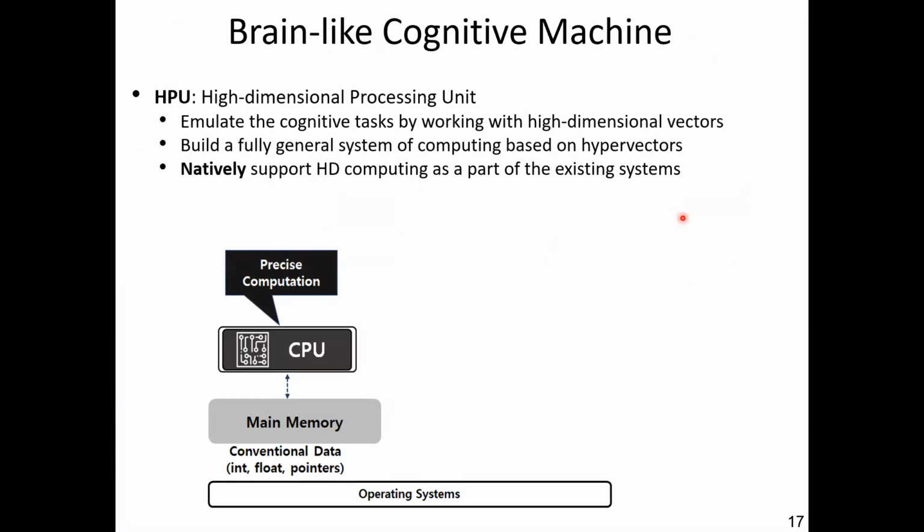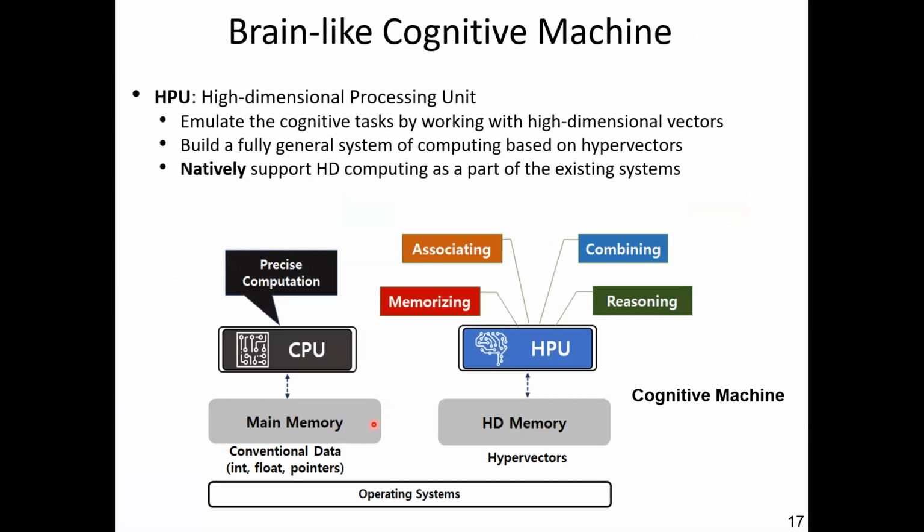So I'm moving a little bit to the hardware part now in the remaining minutes I have. In today's processor, we have a CPU which is doing a great job on performing precise computation. Next to that, we are designing a new processor called the high dimensional processing unit, which is like a cognitive processor. It can perform different learning and cognitive tasks based on hypervectors, which is our common data structure.